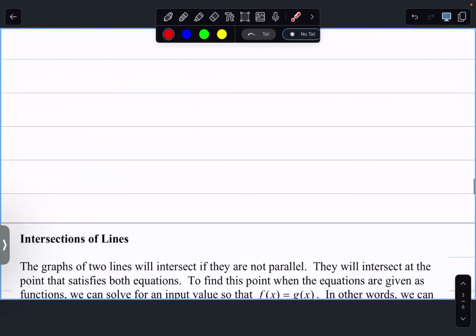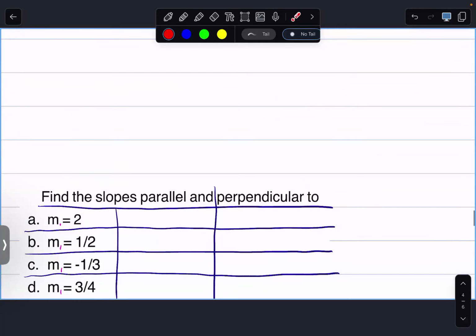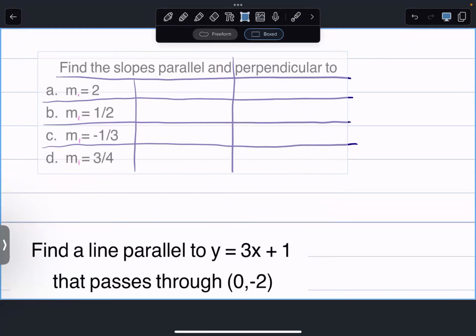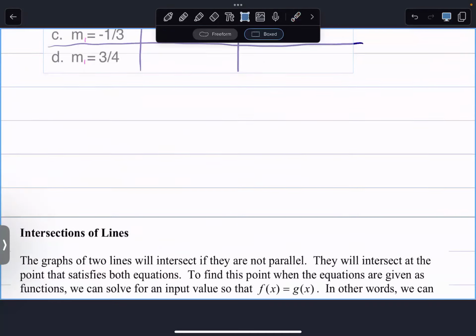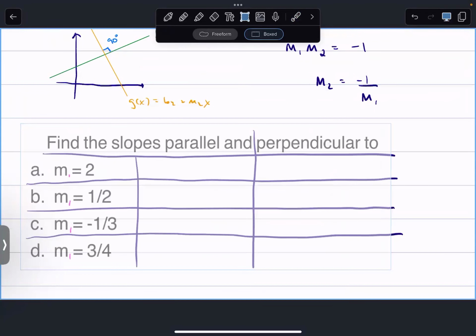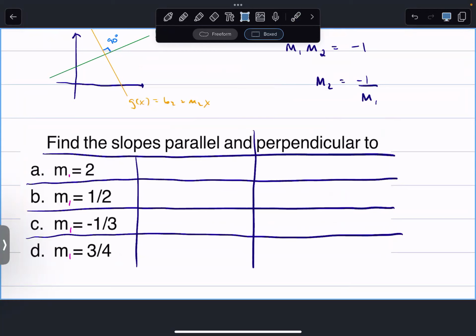And instead of doing that, I'm going to grab this and do that here.